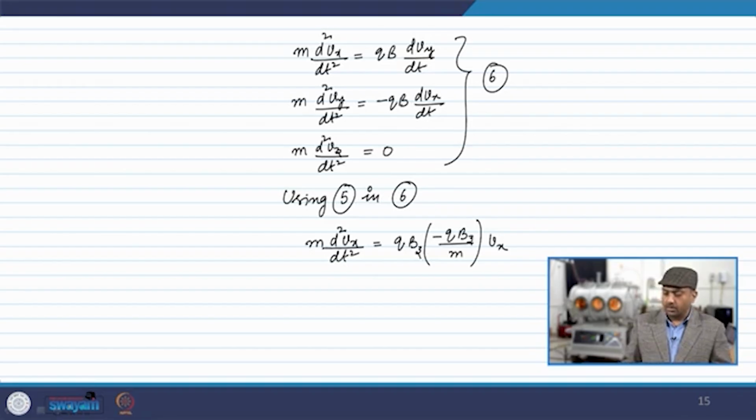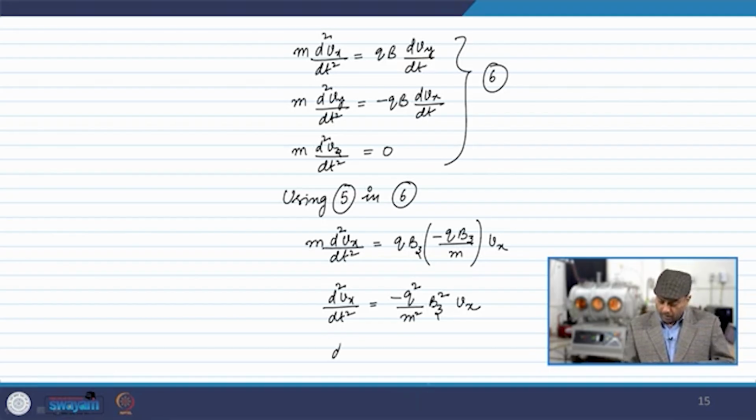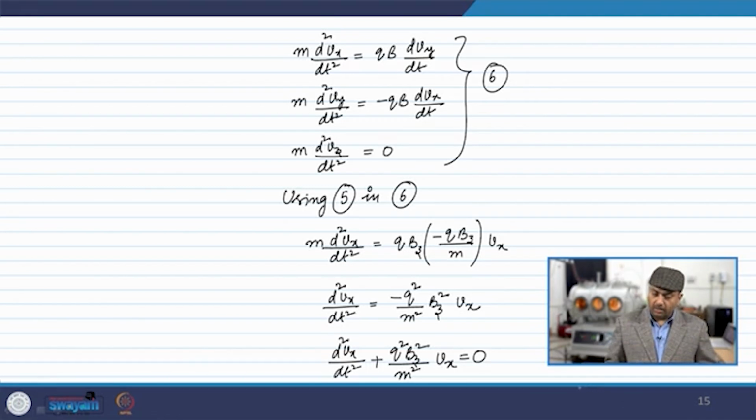We can continue writing the subscript z to indicate the direction of the magnetic field, and so d square vx by dt square is minus q square Bz square by m square vx, or d square vx by dt square plus q square Bz square by m square vx is equal to 0. This is from, let us say, 6a, b and c.